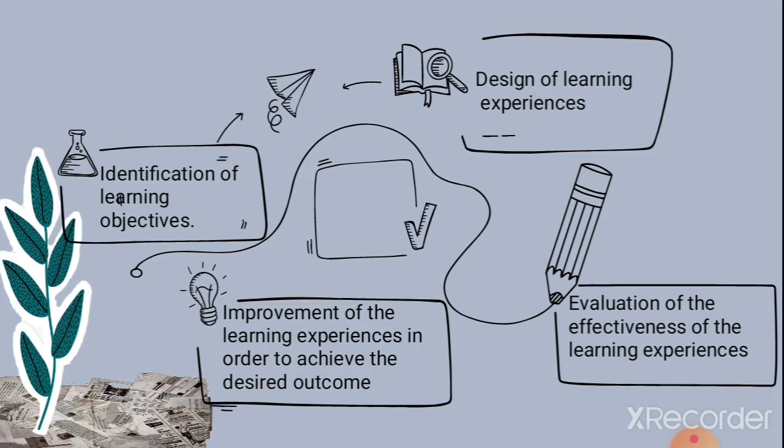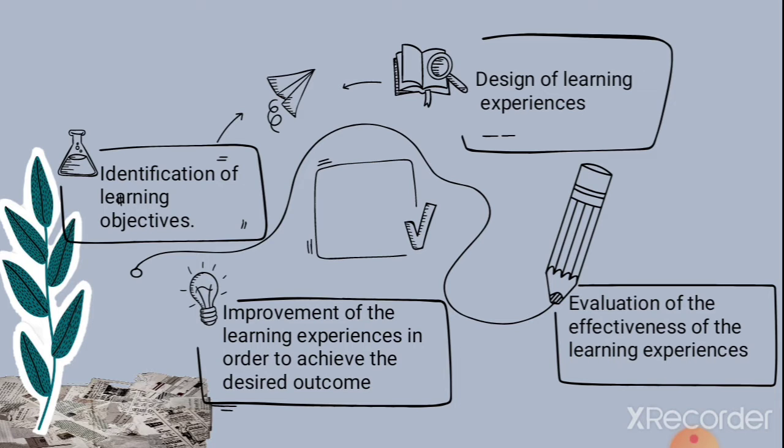We must first identify the educational goals, objectives, and needs, and then use all of our understanding, such as our knowledge in modern technologies, to develop the most effective environment for learning.